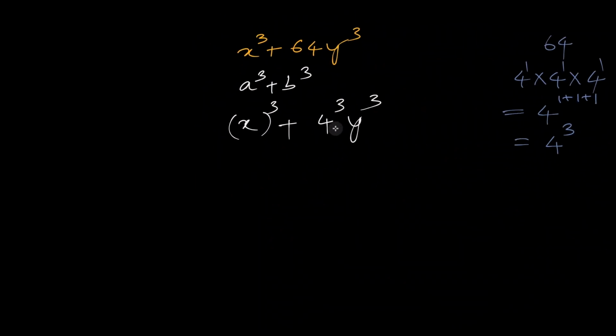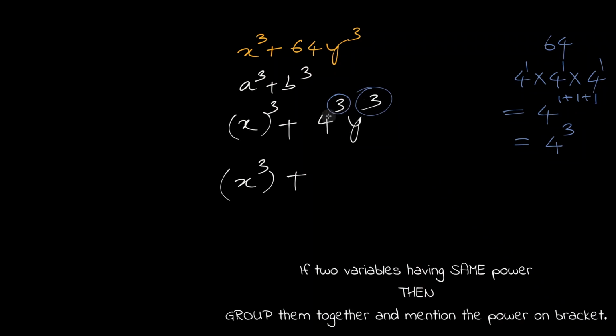Now, in case of product, if the powers are same, then we can write 4y. Let me write x to the power cube plus we can multiply 4 and y because the power on the 4 is same as y. So I'm going to say 4y and complete whole cube. So this cube is getting applied on both 4 as well as on y.